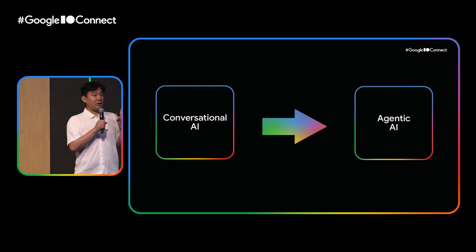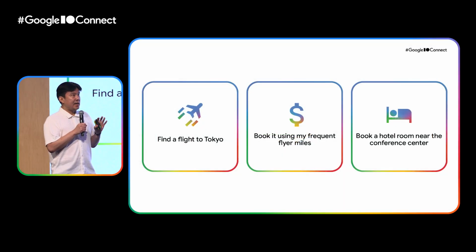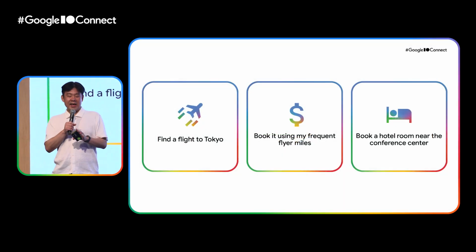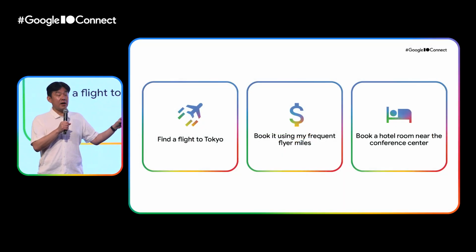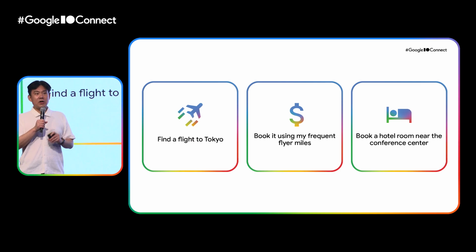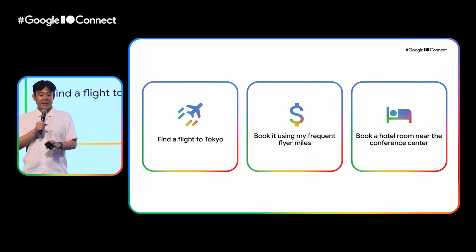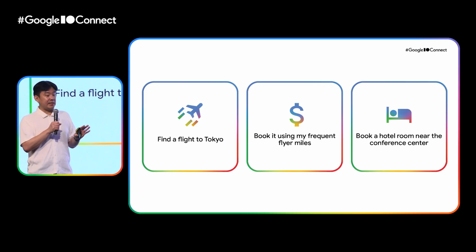This means autonomous AI agents that can take complex actions on your behalf. Imagine instructing an AI agent to find a flight to Tokyo under your usual budget, book it using your frequent flyer miles, and reserve a hotel room near your conference venue. The agent does not just give you a list of links. It executes the entire sequence in an autonomous way.